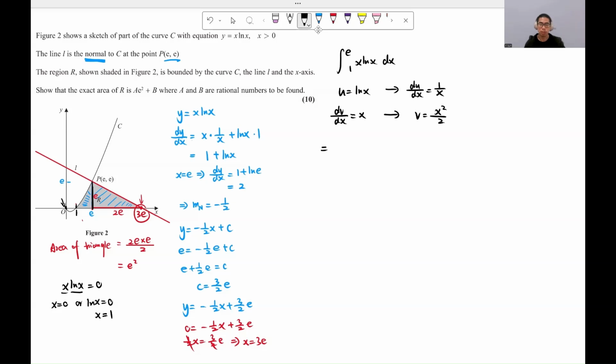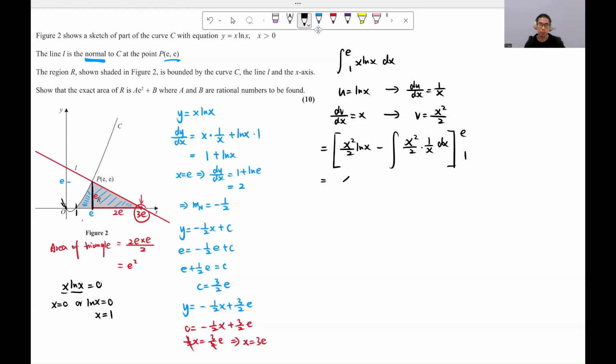So now this will change to x squared over 2 ln x. Just use the formula you learned: uv, which is x squared over 2 ln x, minus the integral of x squared over 2 times 1 over x dx, and the limits are e and 1.